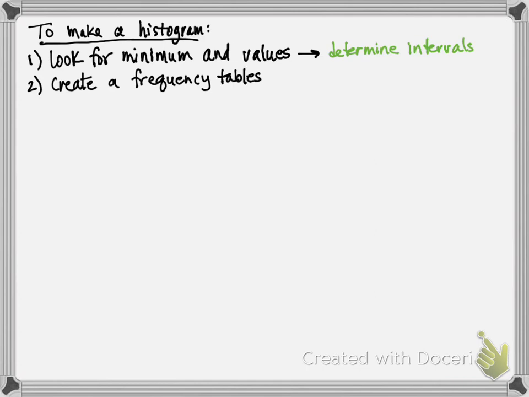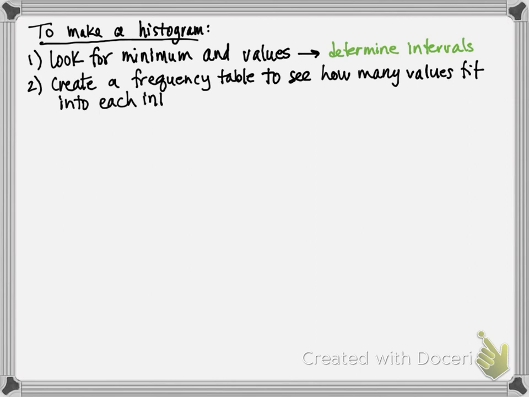So create a frequency table, not tables, to see how many values fit into each interval. Then we're going to create a first quadrant graph, so everything is positive.